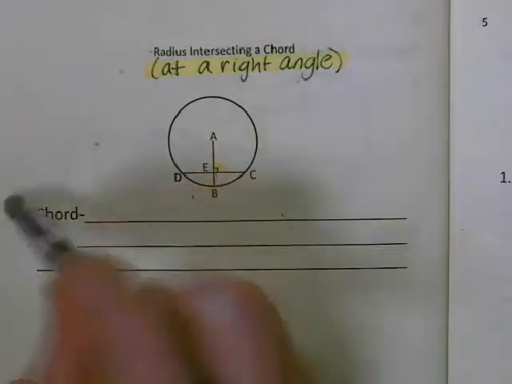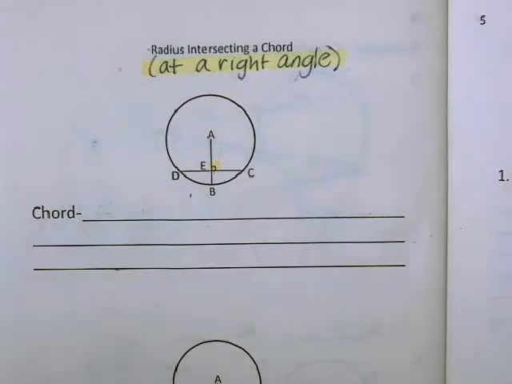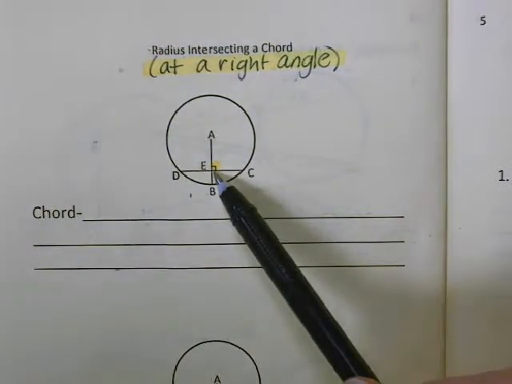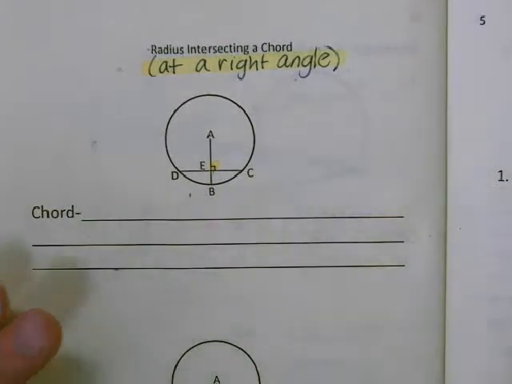Okay, so the property that we're going to talk about only applies if it's at a right angle. So it's really important that you make sure the radius is intersecting right here perpendicular to the chord.